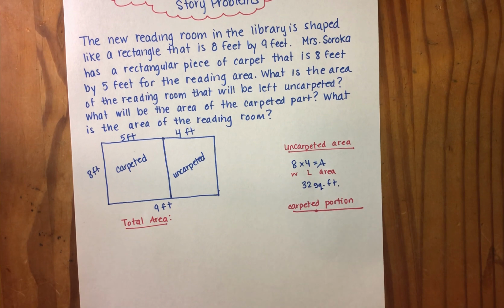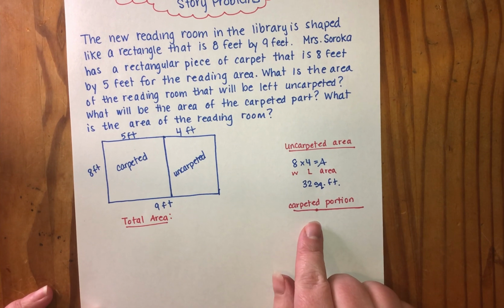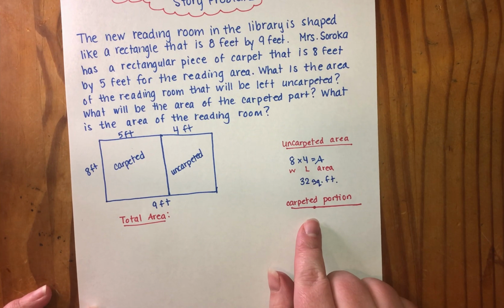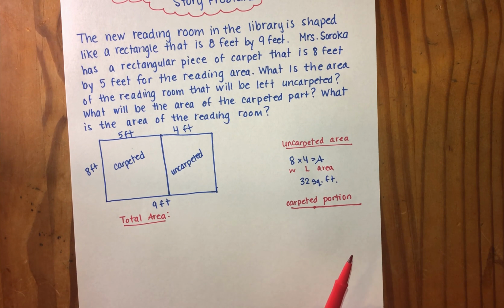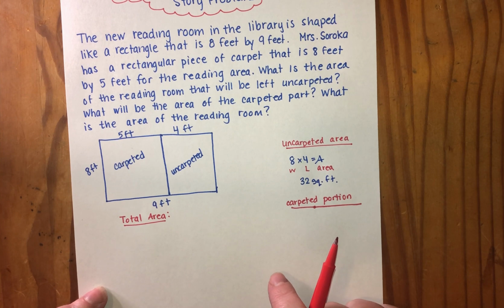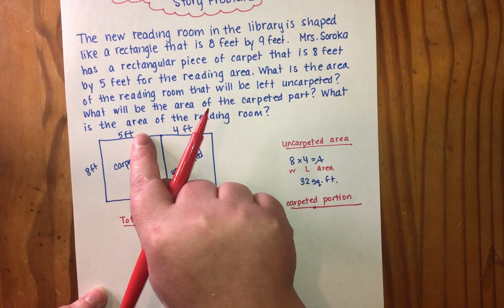How did you solve for the area of the carpeted part of the room? Say it out loud. I heard many scholars say that they know the lengths of the carpeted area are 8 feet and 5 feet.